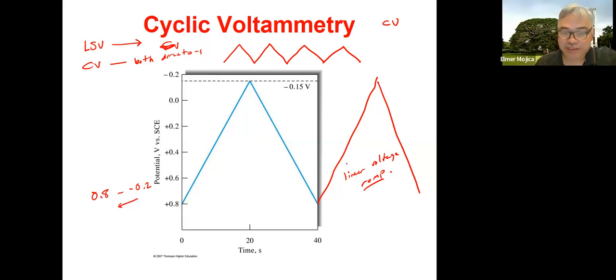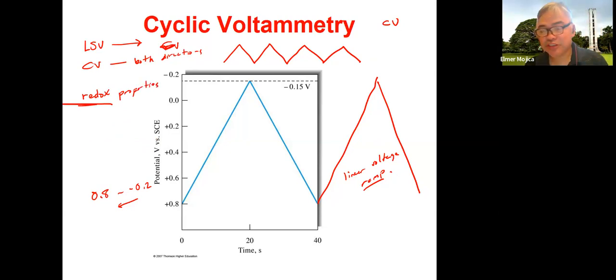What is the use of CV? If you read the article, or the thesis that was given to you, usually it's used to characterize the redox properties of the compounds in a given system. In addition to that, you can also look at the mechanisms.